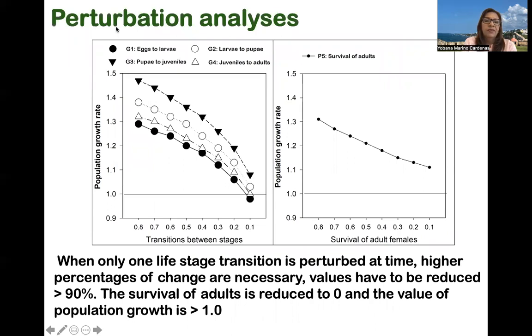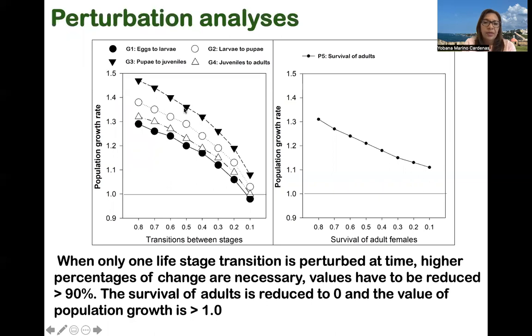The results from perturbation analysis showed, here we have in the y-axis the values of the population growth rate. Here is 1 and here is our value of population growth rate. And here are the different probabilities to survive and move between stages.